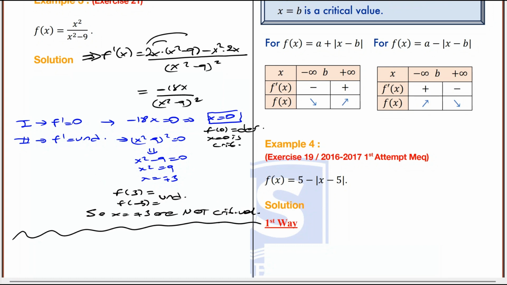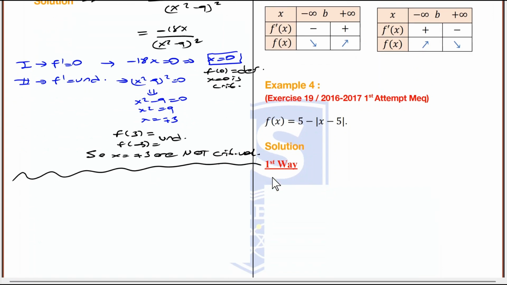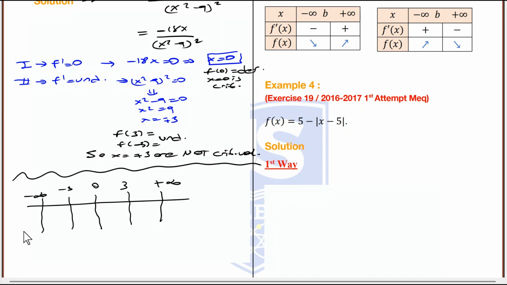So let's make a table. From negative infinity to negative 3, and in between we have 0, and we have 3, and positive infinity. We are done. F prime, F.